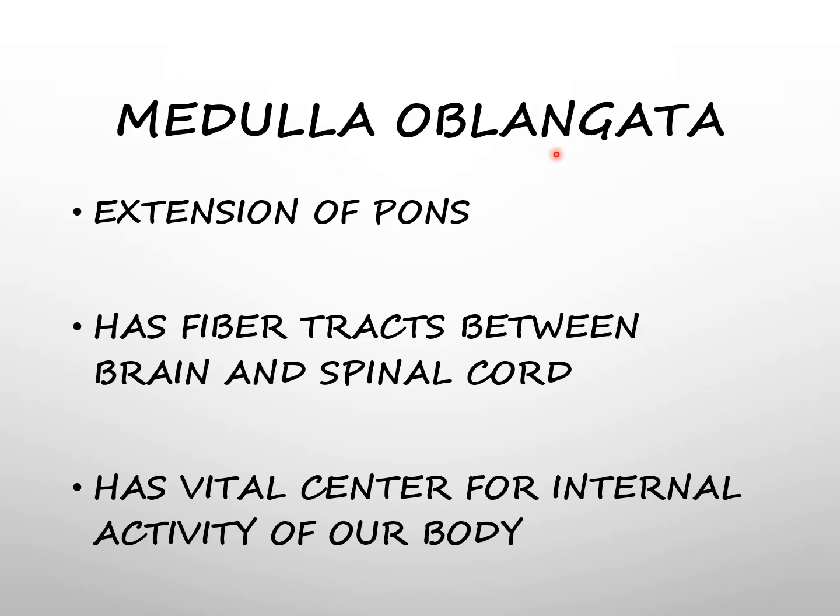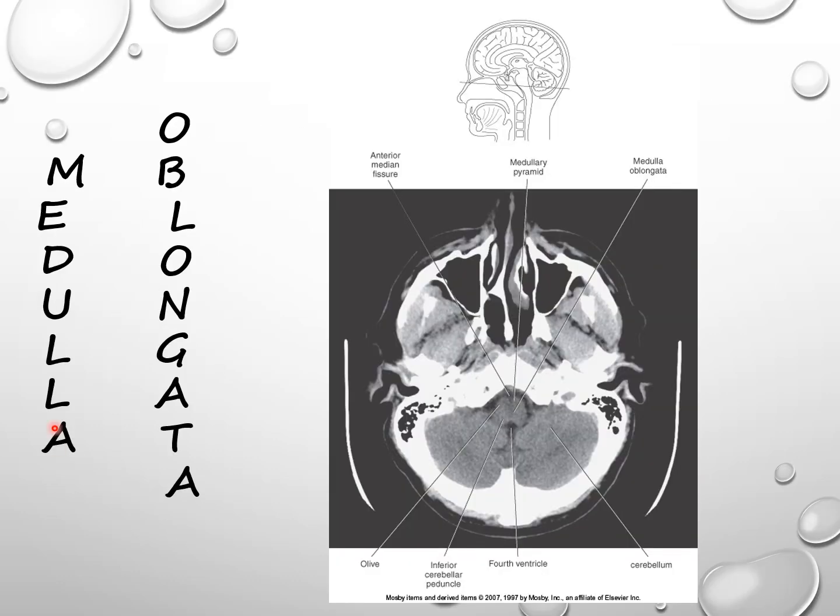Medulla oblongata. So it's an extension of the pons. It has fiber tracts between the brain and spinal cord, and vital centers for internal activity of our body. Again, here is an axial view of the medulla oblongata right over here.